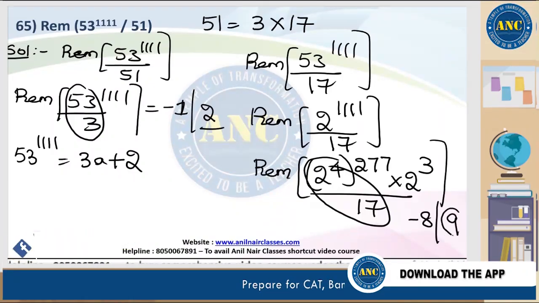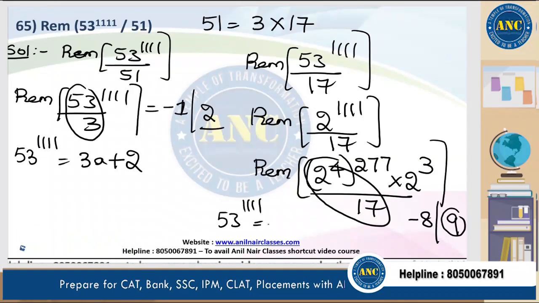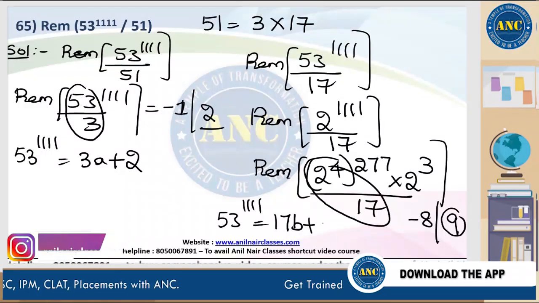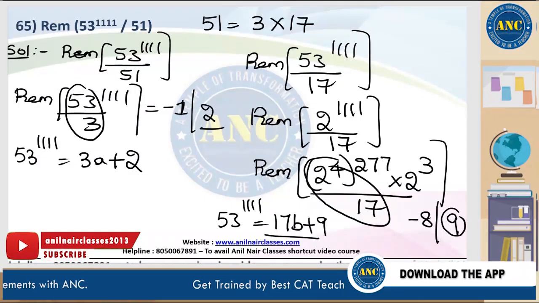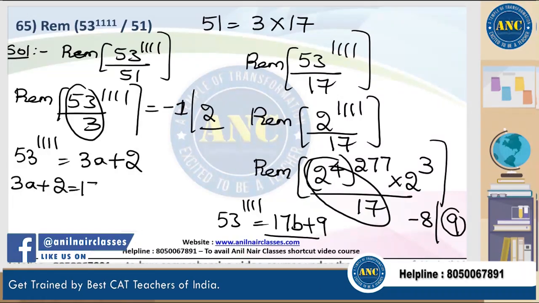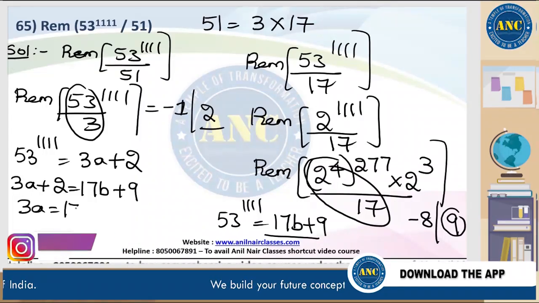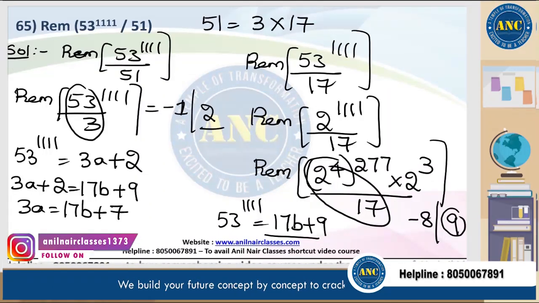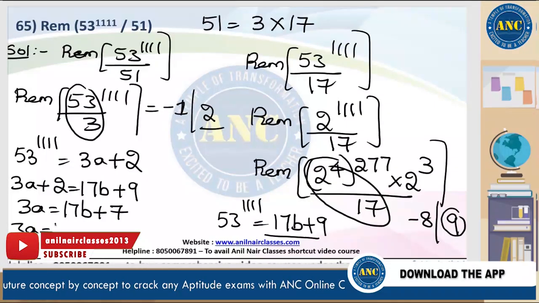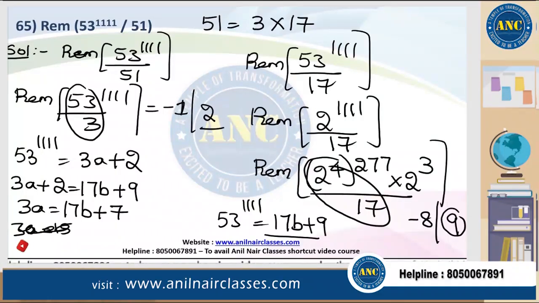Minus 8 means the positive remainder will be 9. So 53 power 11111 when divided by 17 gives a remainder 9. Both are the same number, so equate: 3a plus 2 equivalent to 17b plus 9. 3a equivalent to 17b plus 7. 3a equivalent to 15b, or I will do it here.